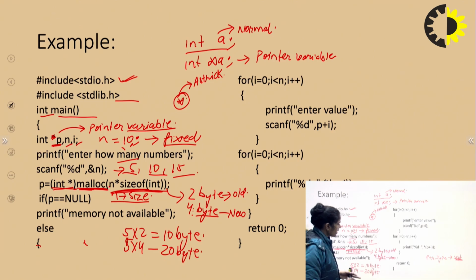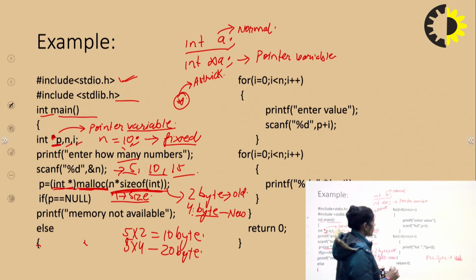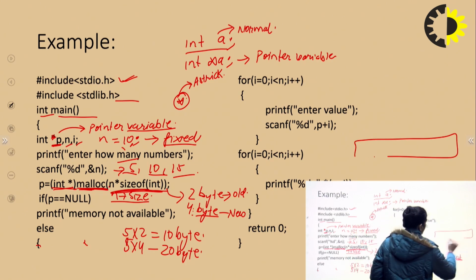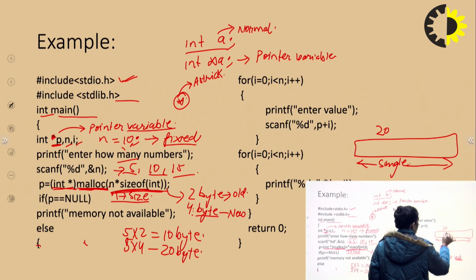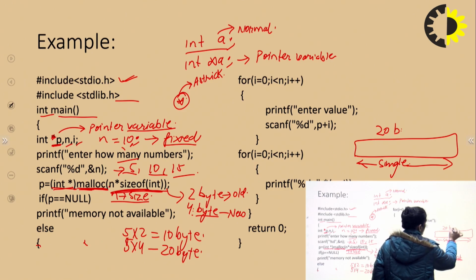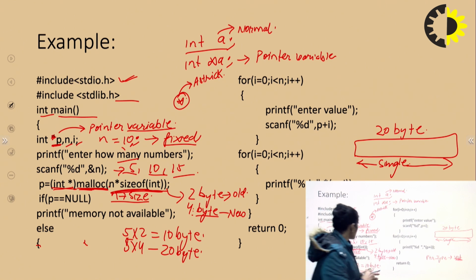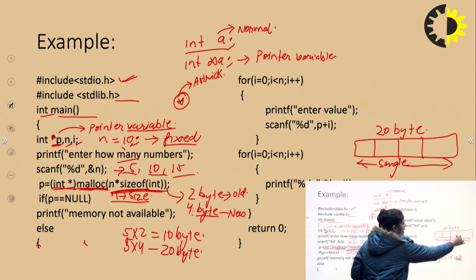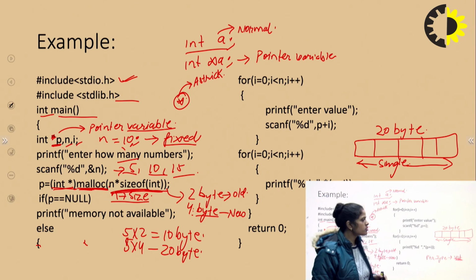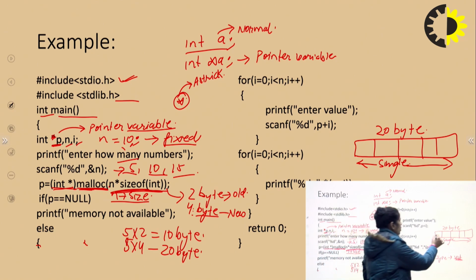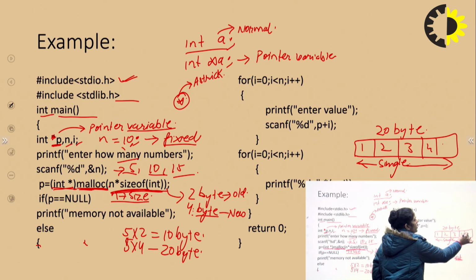So this is the basic concept through which we allocate memory, and this memory is a single block of memory. Here the memory block size is 20 bytes. Are you getting my point? How many elements am I storing in this block? 5, so 1, 2, 3, 4 and 5.